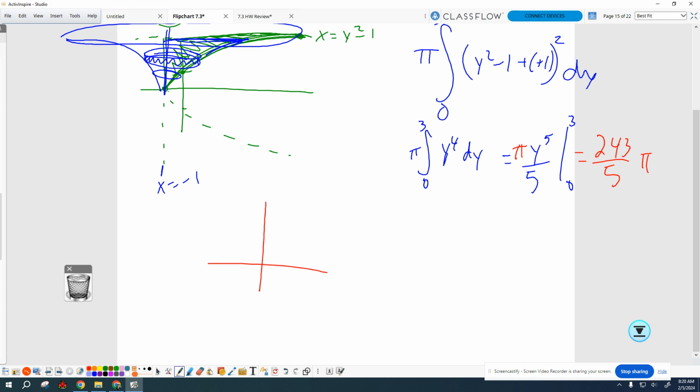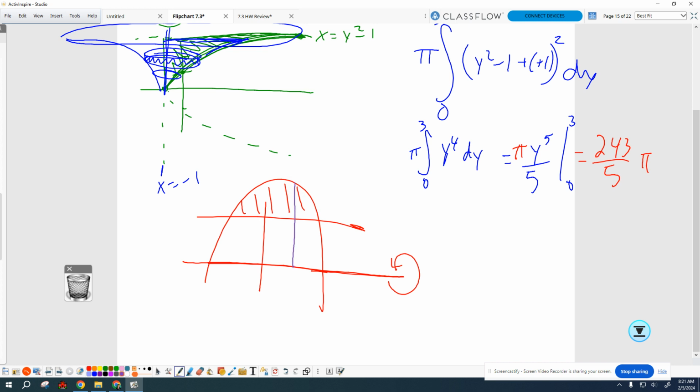This is not on the quiz, but it's on the test. If that first problem we did, if we're not spinning around that actual stick, if I'm spinning around here, I've got to do something else.